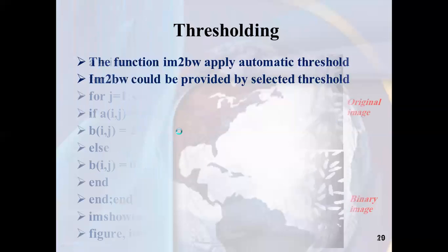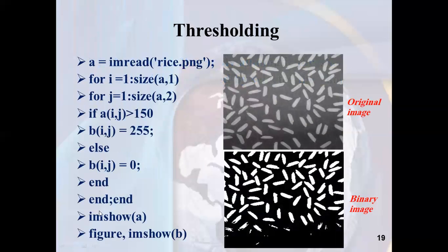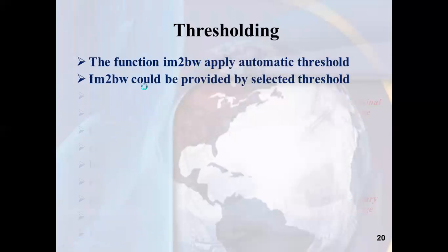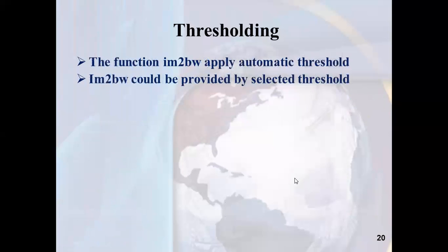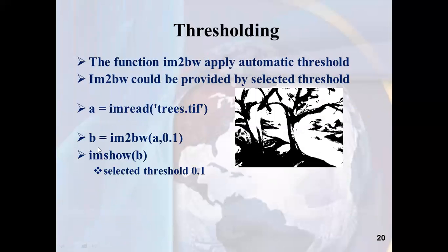So instead of writing all these lines of code here, we can replace them just by the function imbinarize, and I put the name of the image A, comma, the threshold value, and then I display it and the binary image that I want comes out directly. So here I can apply imbinarize and show this image using the threshold value 0.1.